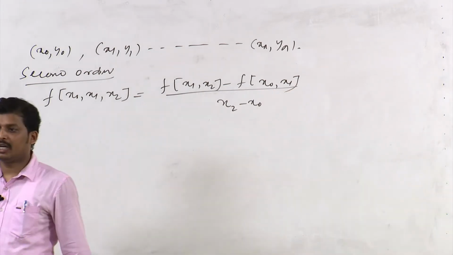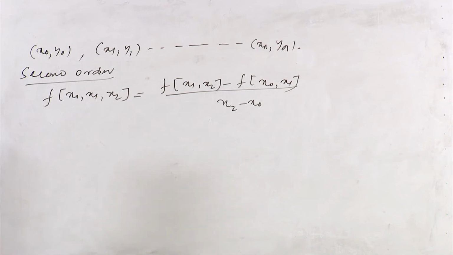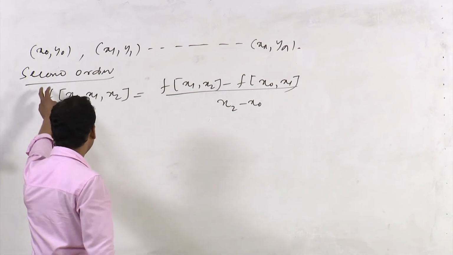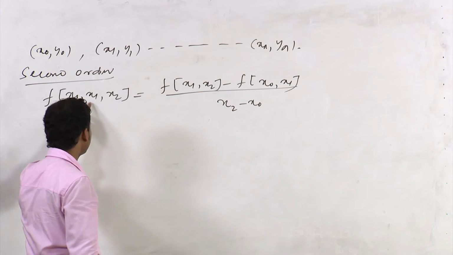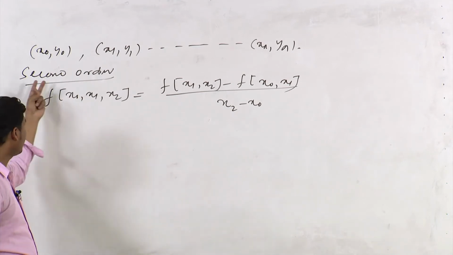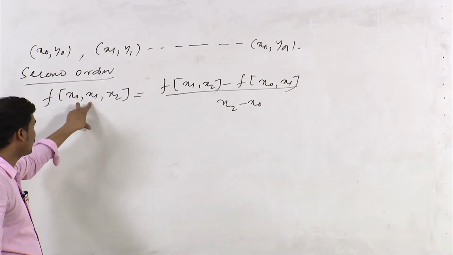For second order divided difference we consider 3 points, while for first order divided difference we consider 2 points.